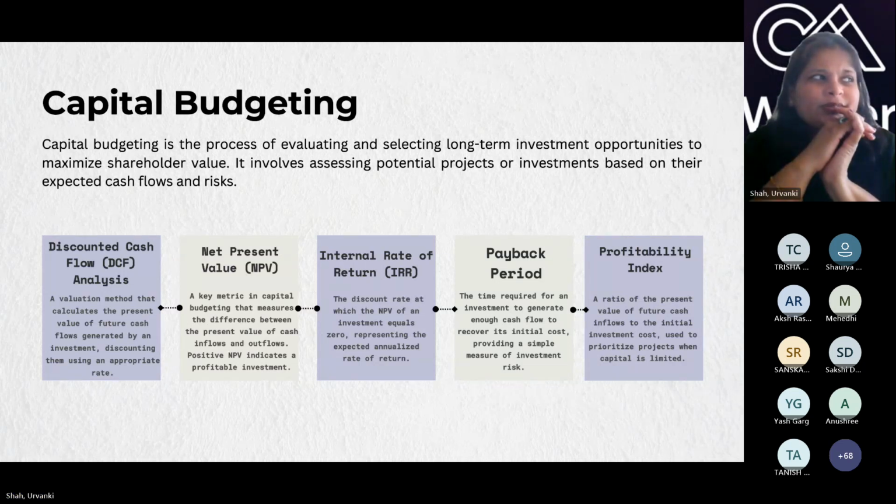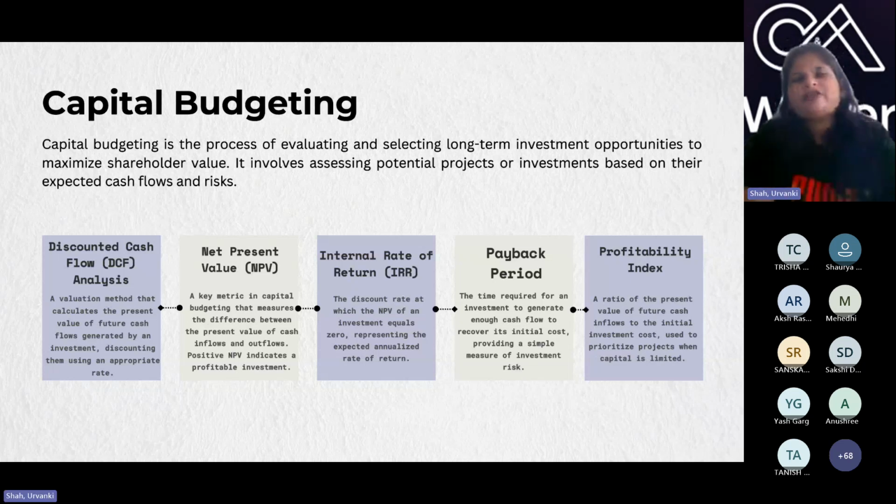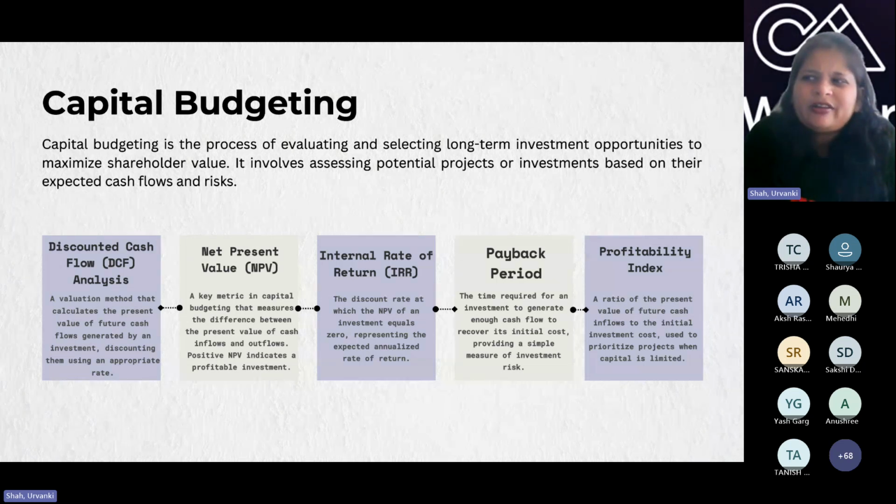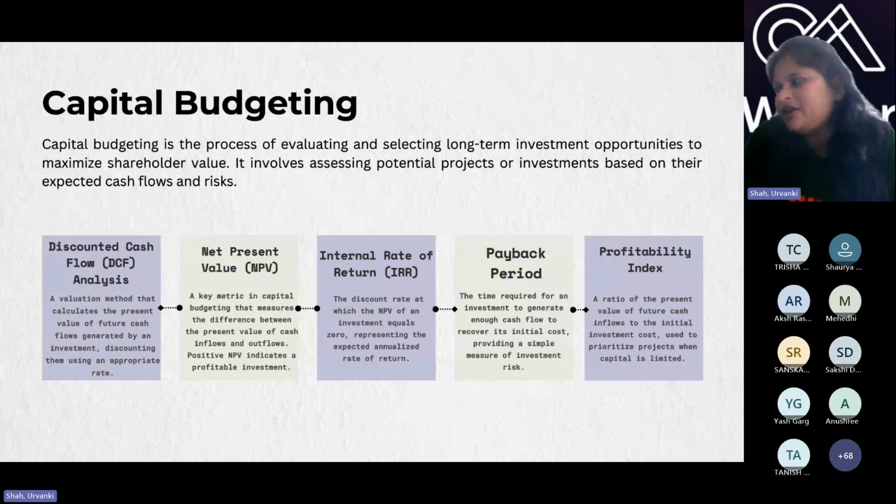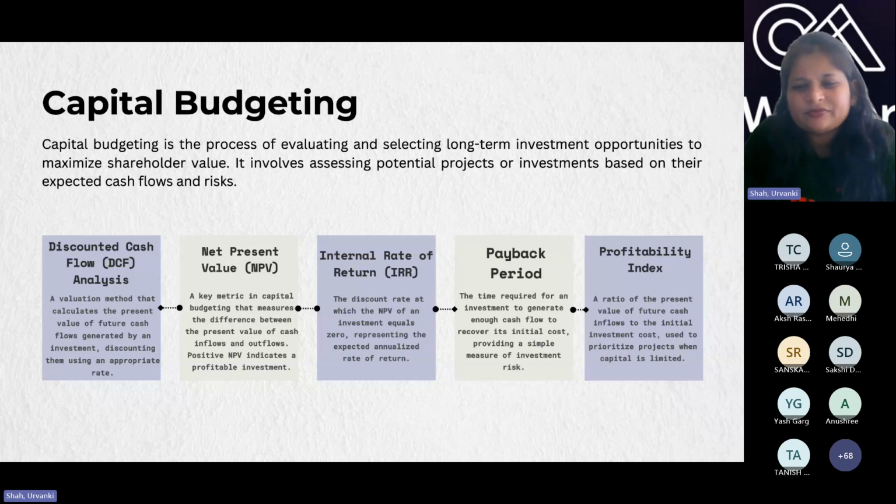Once that inventory is sold off in the market, the cash inflow is generated, then you realize the profitability of the same. So the time to start realizing the profitability from the cash flow defines very well what your payback period is to generate enough cash flow.